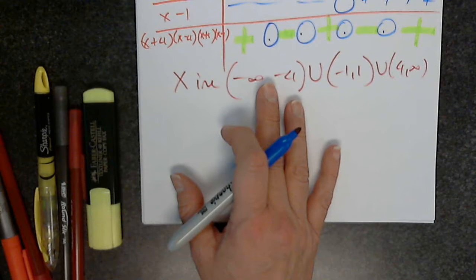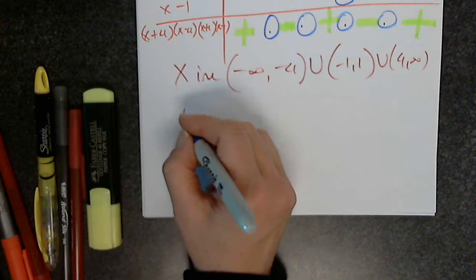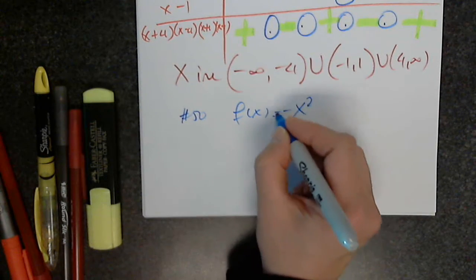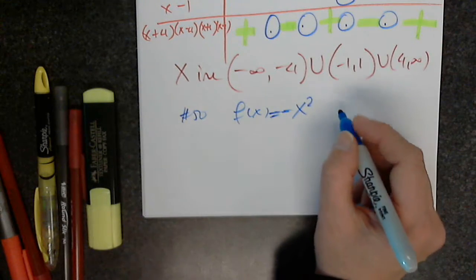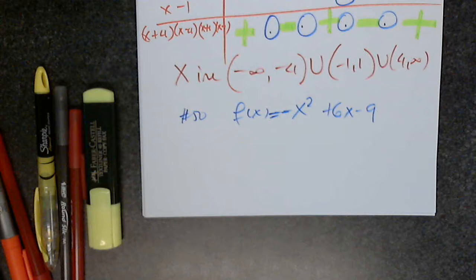Okay. So here is a function, problem 50. F of x equals -x squared plus 6x minus 9. We want to graph this function. 1 minute. -x squared plus 6x minus 9.